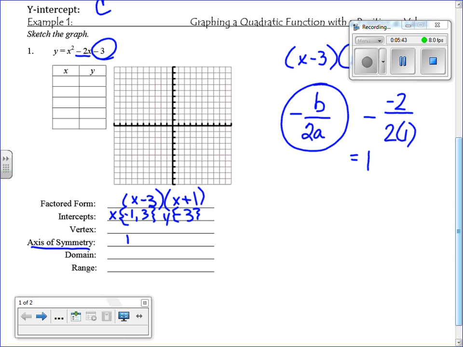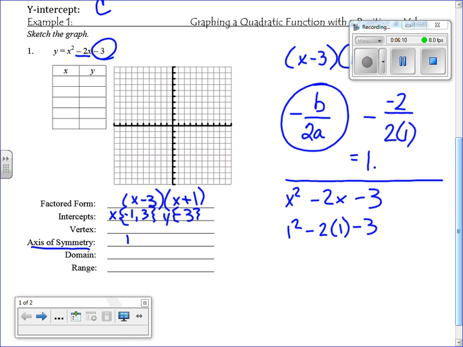Now, to find my vertex, I'm going to go back to my equation of x squared minus 2x minus 3, and substitute 1 into that equation. So 1 squared minus 2 times 1 minus 3. 1 minus 2 is negative 1, and negative 1 minus 3 is negative 4.